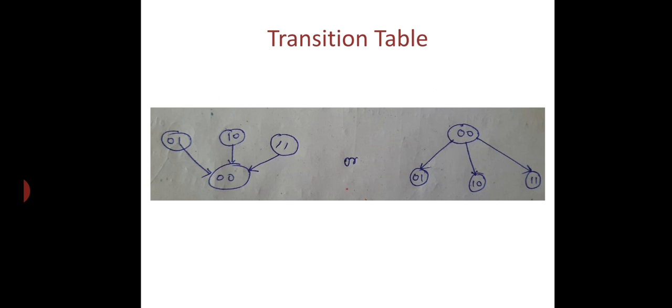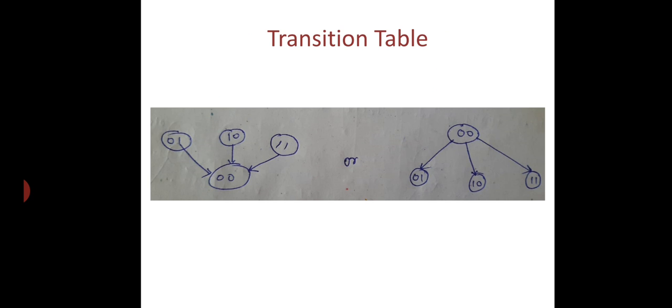Moving further, the next basic element is the transition table, or sometimes it is called state assignment. It refers to using state variables to define specific states and how the values of the state variables are determined, or the method of assigning binary values to the states of a sequential circuit, which is called state assignment.